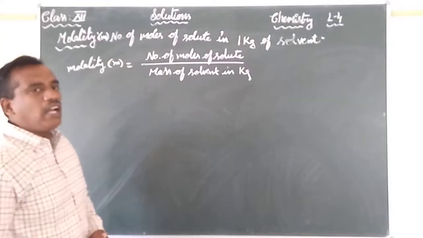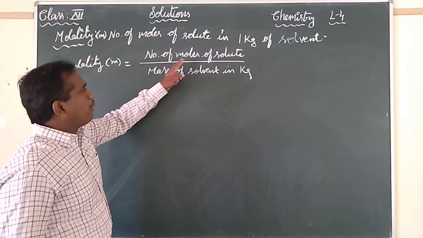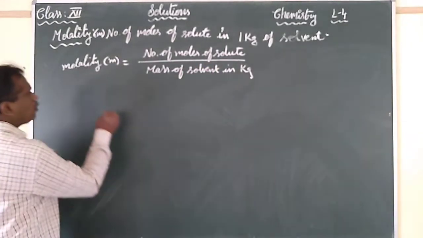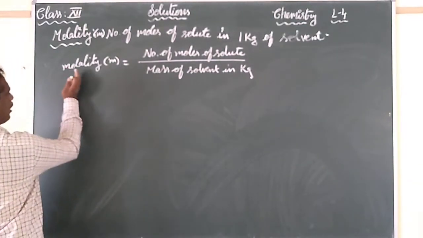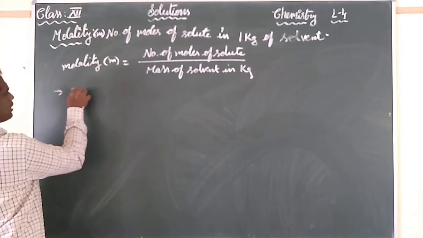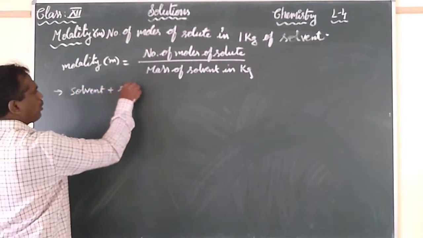This is the formula we apply here. We know the number of moles of solute. How to represent the number of moles of solute? There are two components. What are the two components? Solvent plus solute.